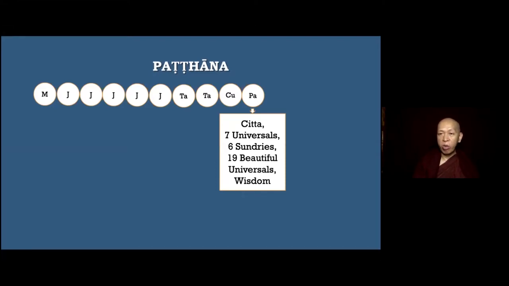We can review chapter 2 about mental factors. Then six occasionals, like Vitakka, Vicara, and so on, 19 beautiful universals, and wisdom. These are the mentalities that arise in her rebirth-linking consciousness, or at the very beginning of this life, when she met the Buddha.